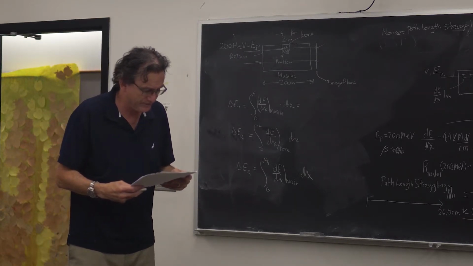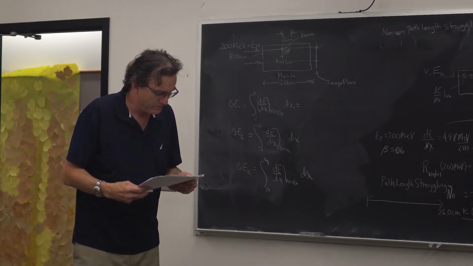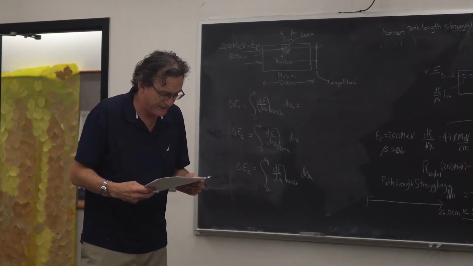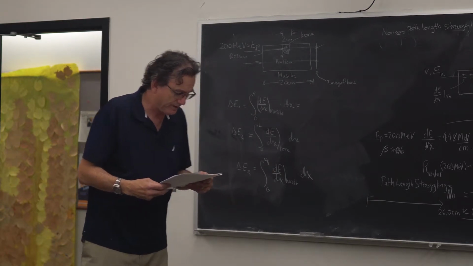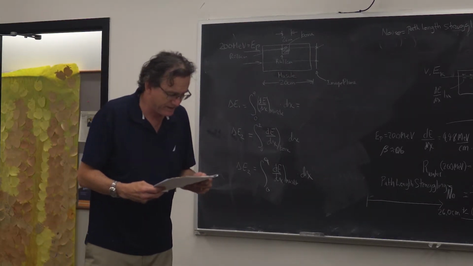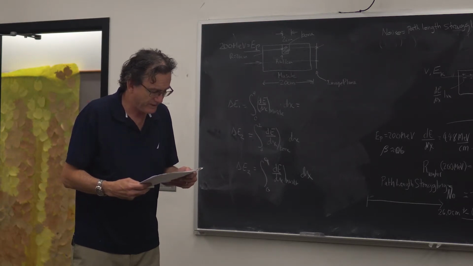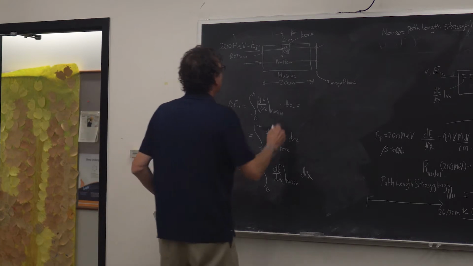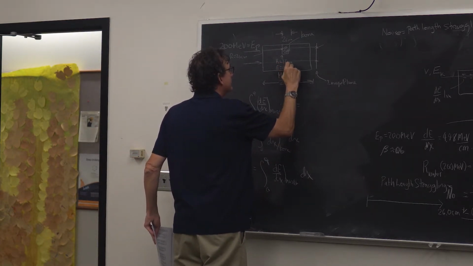It looks like it's close to 160 MeV, maybe 158. The number right below it is 15.8, so maybe it's a little bit lower. If it has a range of 17, it's going to have an energy of about 157, more or less. So the energy at this point is 157 MeV.